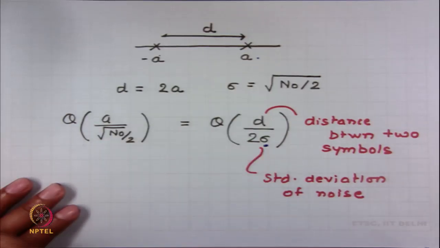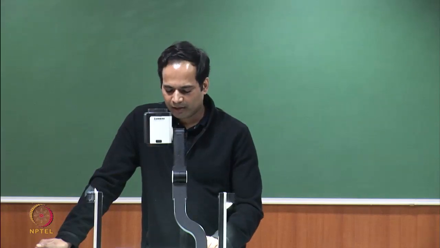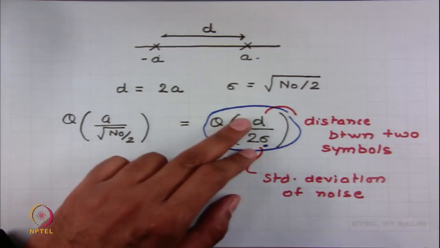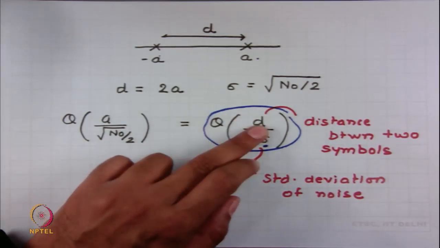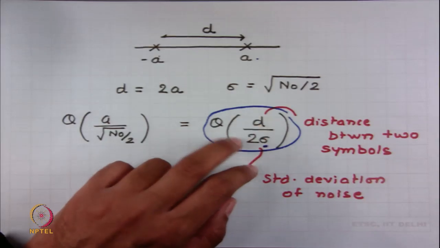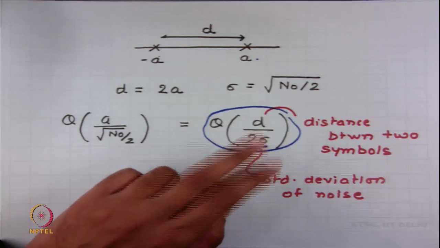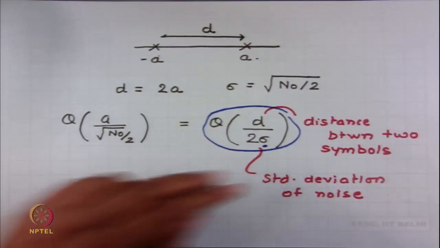For the case of binary PAM and binary antipodal signaling, the probability of error is Q of the distance between the two symbols divided by 2 times the standard deviation of noise, and this is a formula that you must remember.